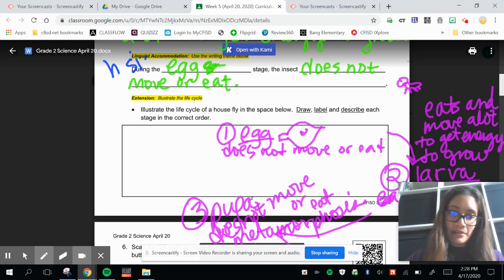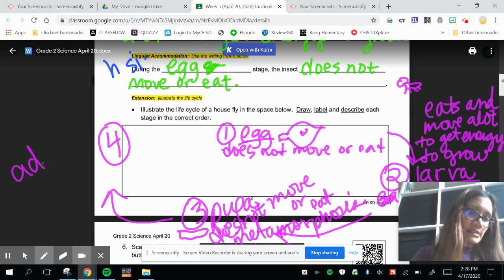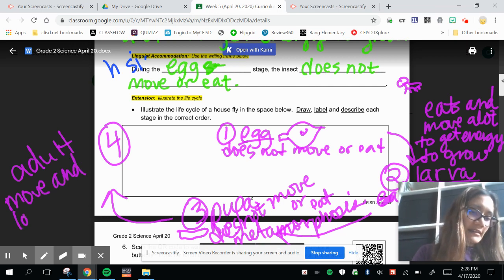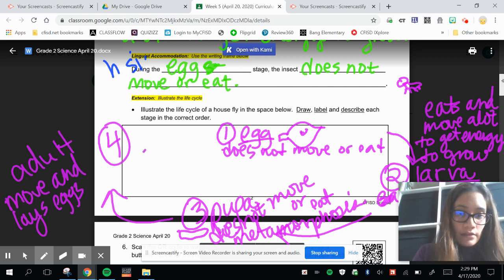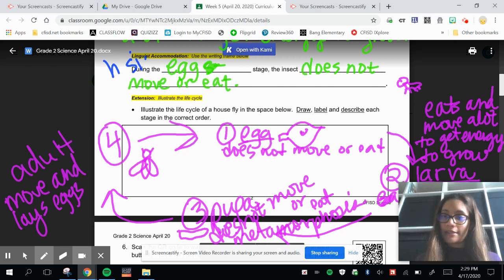Not a good picture. Pupa. And then last but not least, the adult. Now it can move and lays eggs. And that's good enough for me. And then as you can see, the cycle repeats.